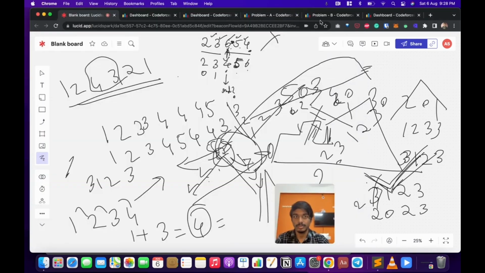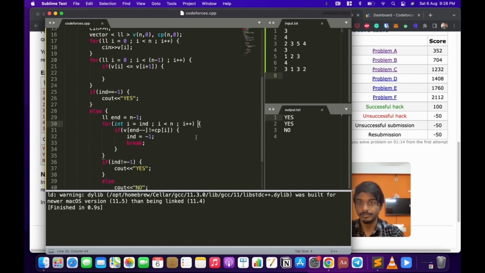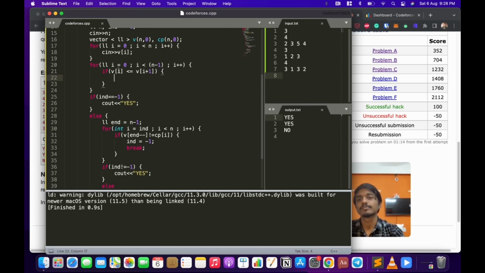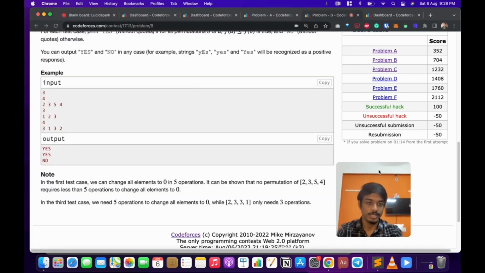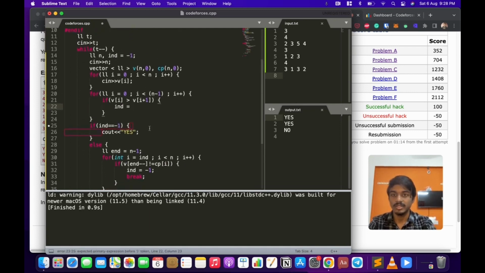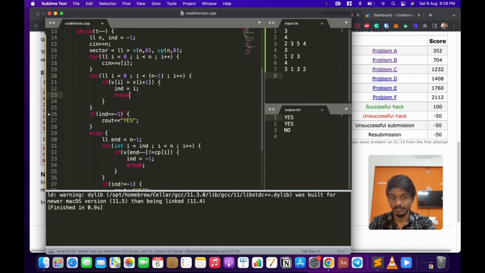Okay, now what can I do is, anytime if it is greater, you understand that the slope has begun. So index equal to I. What it does is less than or equal to this, definitely it's sorted, no problem.